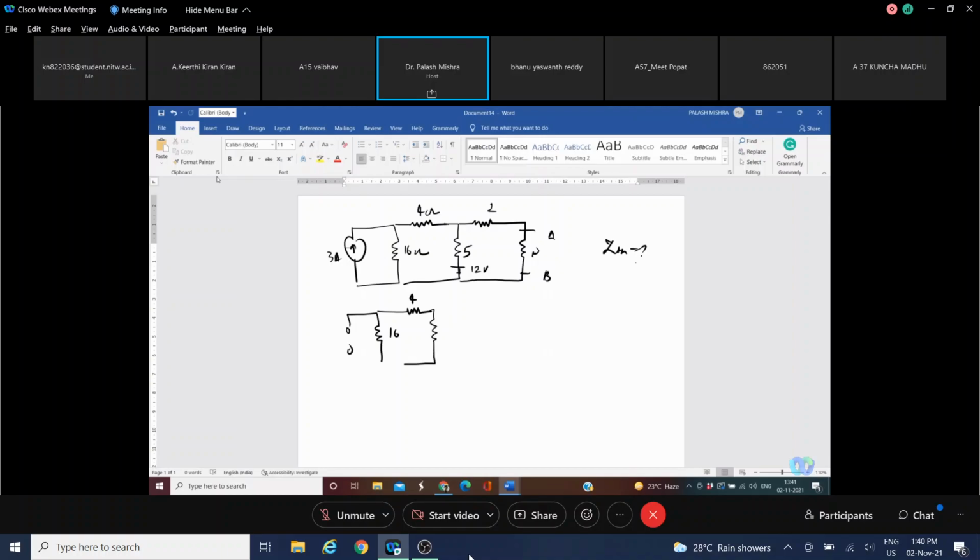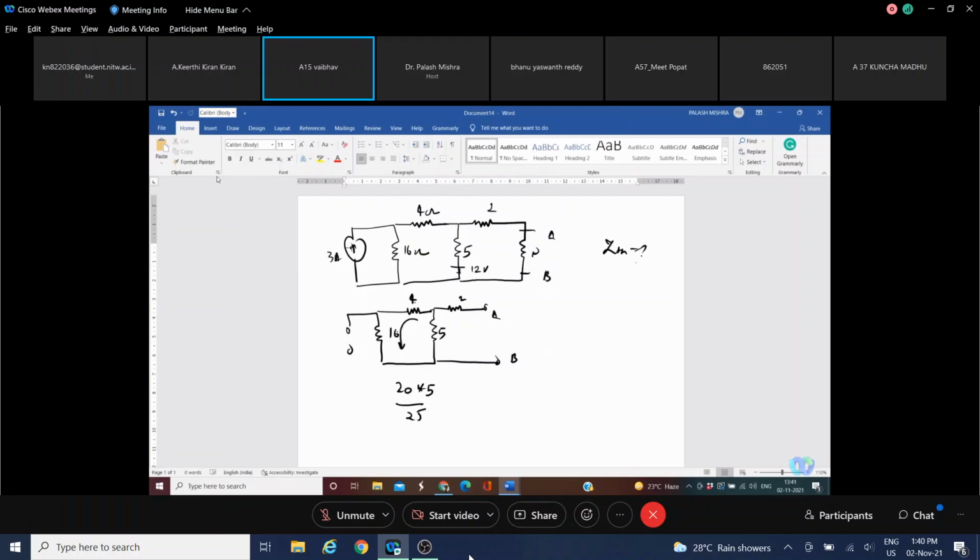The battery will be short circuited, and this is 2, and these are the two terminals, A and B. 16 plus 4 is 20. These two will be in series. So this will be 20 in parallel with 5.